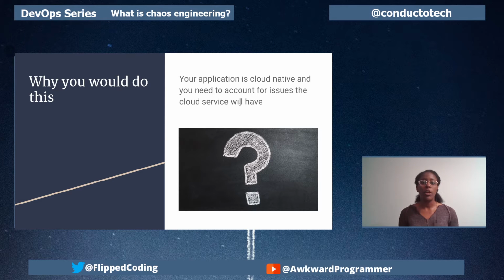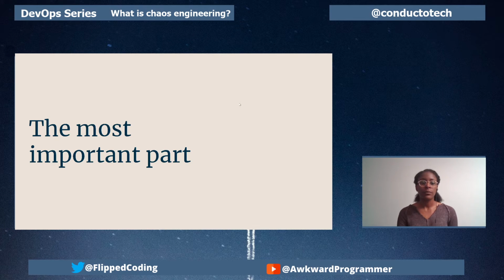They just know they aren't able to access the application. So you would want to include chaos engineering in your DevOps practices to make sure that if anything happens with your cloud service providers, you have some kind of method, some kind of procedure to fall back on to make sure that your application still works for your users.